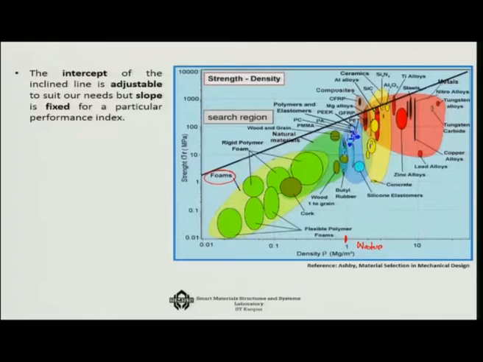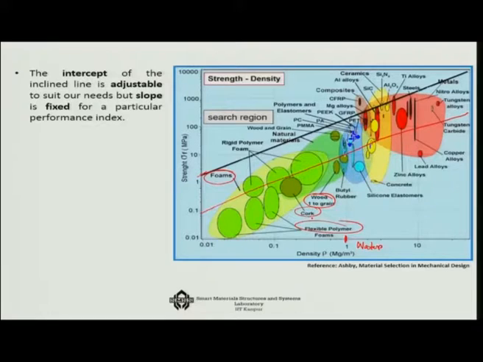So, all these materials are lighter than water. These materials are possible provided my line is below. So, if I draw any line corresponding to my minimum value of c, if my slope line goes like this, then some of these corks, some of the woods, flexible polymers, they come into picture.